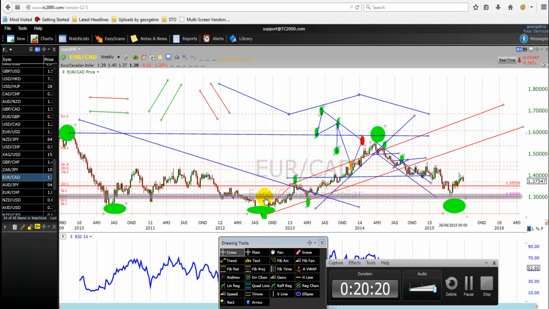We must trade the Euro-Canadian dollar on the edge of a trend line or a channel. We must take excellent signals around key levels. We must pay attention to the euro-dollar currency pair because of the correlation between the euro-dollar and the euro-Canadian dollar. We must check Forex Factory for economy news.